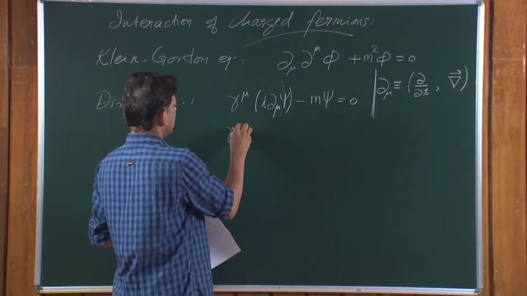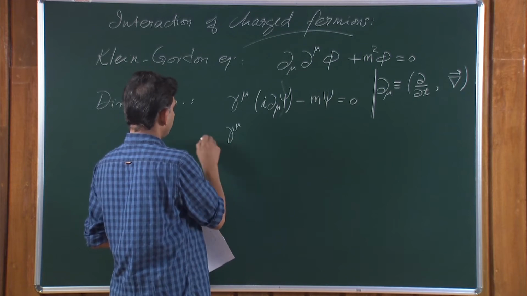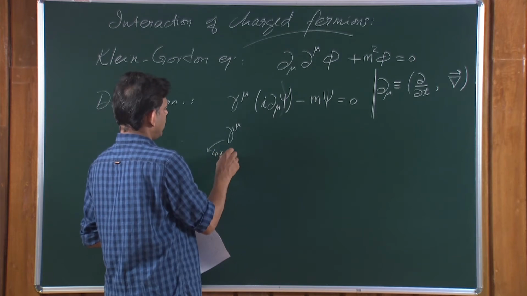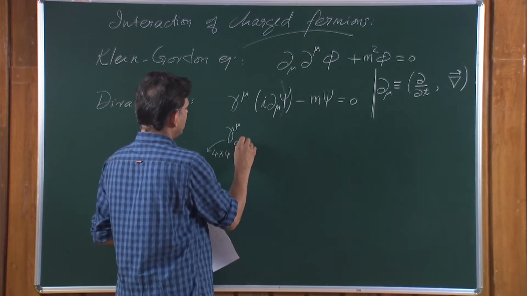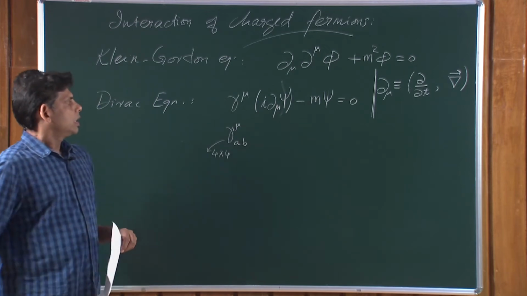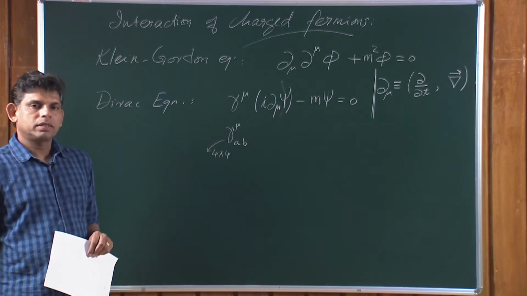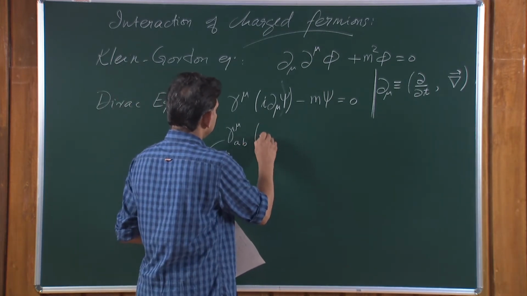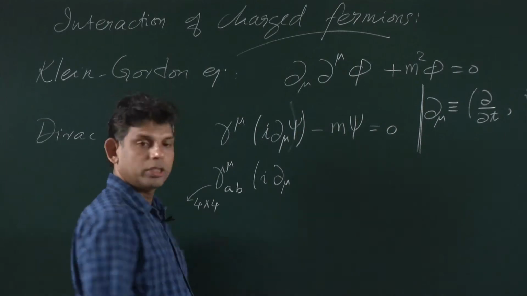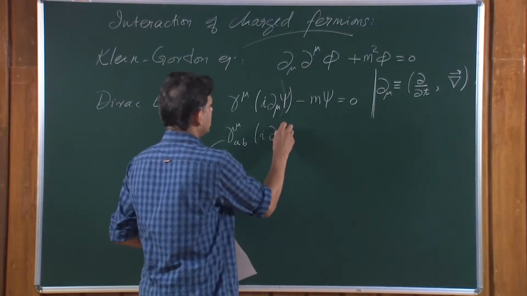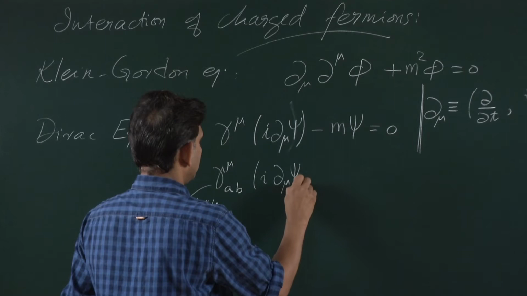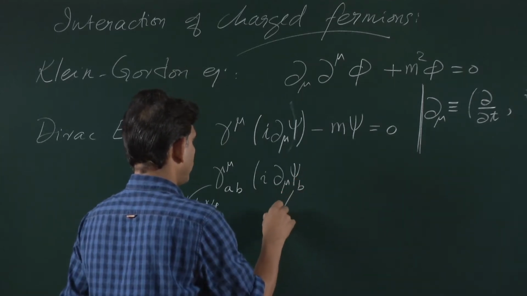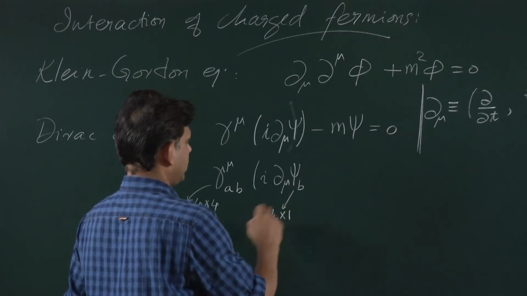The differences between these two, which we have already gone through, but let me just remind you: gamma is a 4 by 4 matrix, and let me denote the matrix indices explicitly. This I dou mu is not a matrix, but psi is a matrix with a single index, that is, it is a 4 by 1 matrix.